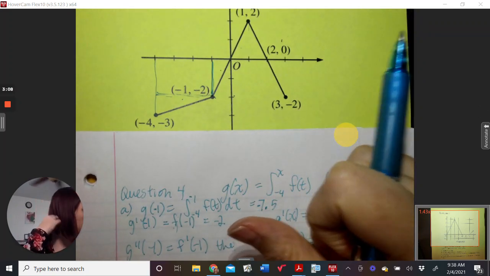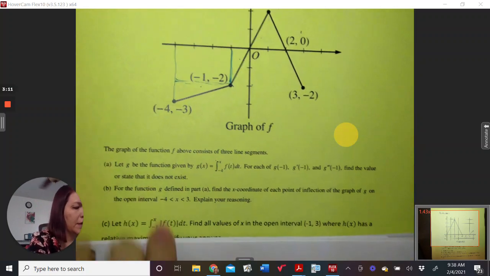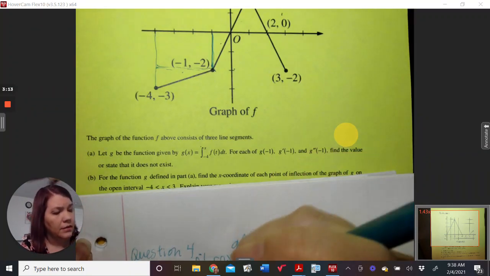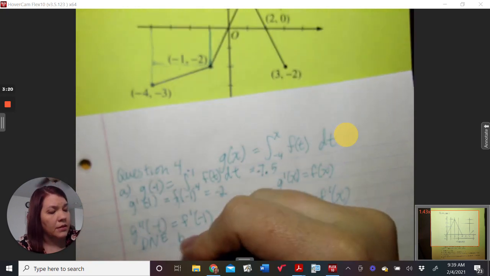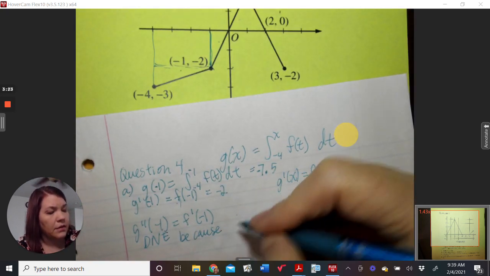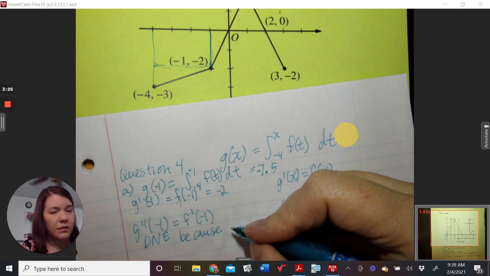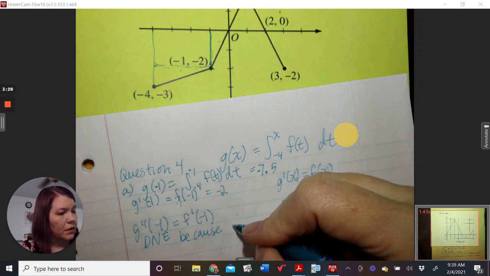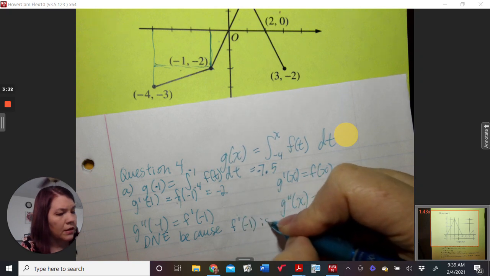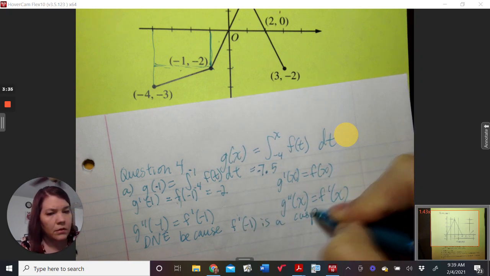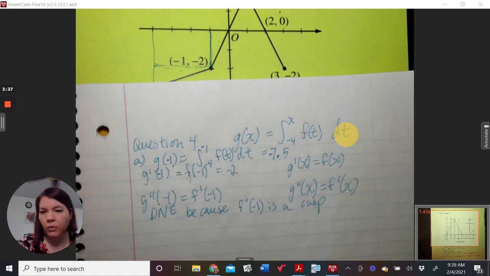It said to state that it does not exist, so I'm going to give a reason. It does not exist because f prime of -1 is at the cusp. It's a sharp turning point. The limits don't agree. We can get into it a little bit more.